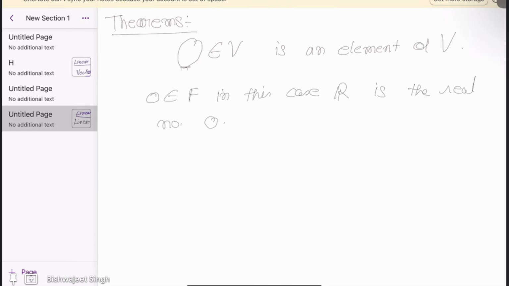That is why I am specifying what the difference between these two is. So the first theorem says that if I take 0, which is the real number, and take the scalar multiplication with any vector x in V, then I am always going to get the 0 vector, where x belongs to V.